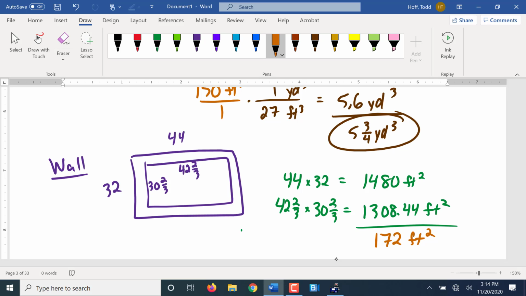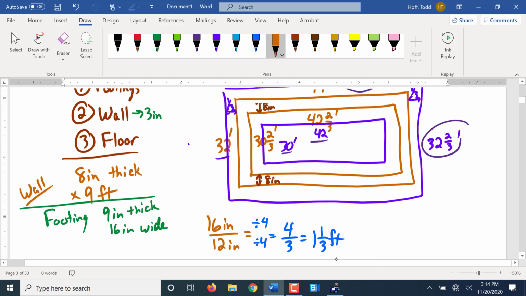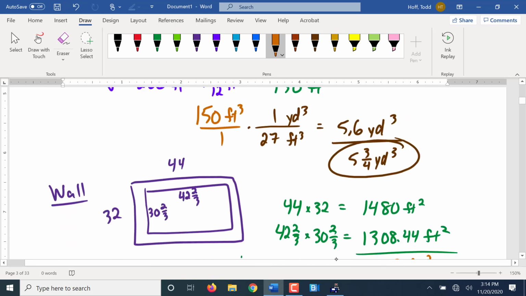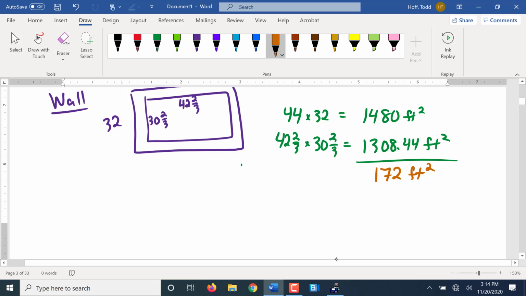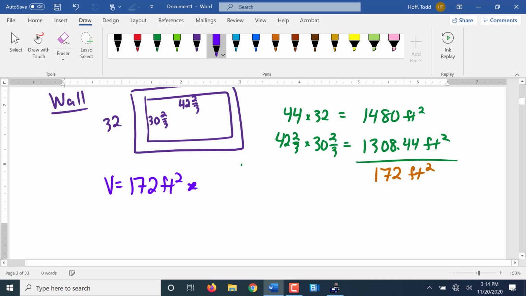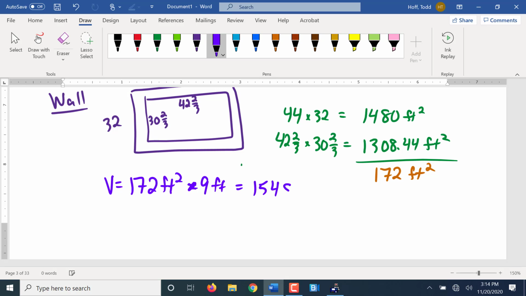So the height of our wall was 9 feet. So our volume, there we go, 172 square feet times 9, what'd you say, 1,548 cubic feet?